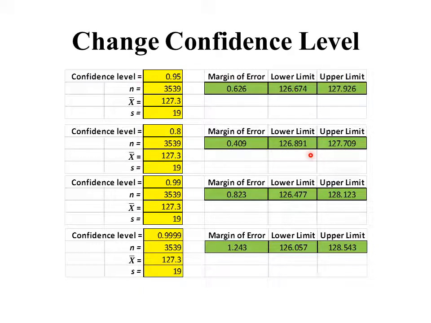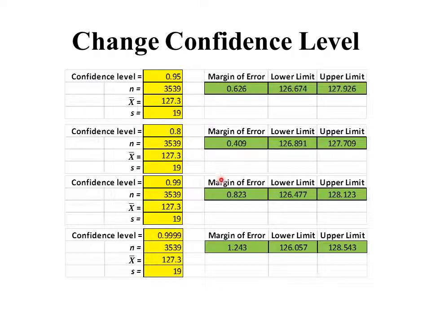So that gives us a narrower range of values for our possible values of mu. So we would interpret this by saying that we're 80% confident that mu is somewhere between 126.9 and 127.7. So smaller confidence level gives us a smaller margin of error and a narrower confidence interval.